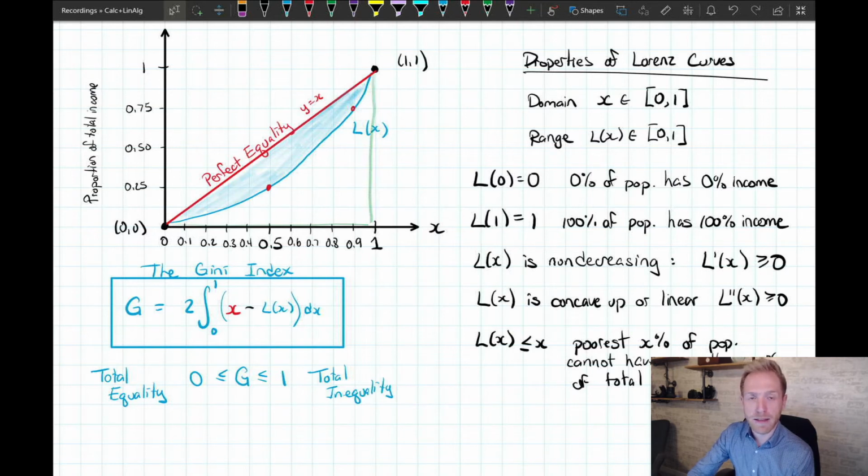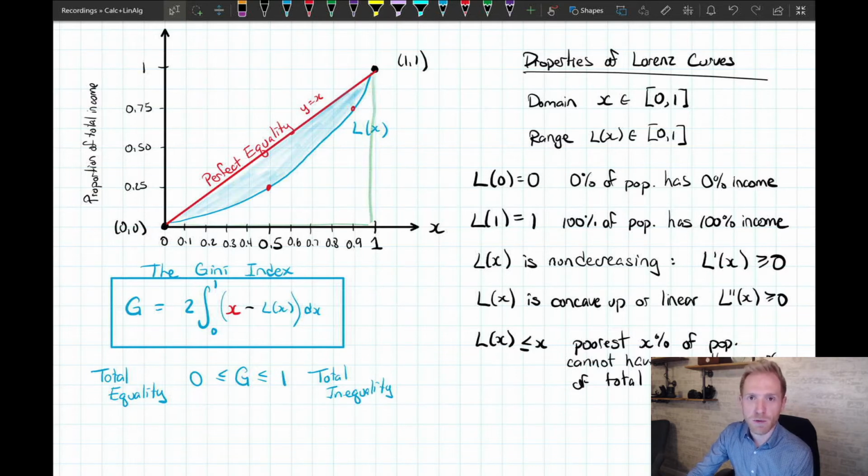So we might say that the poorest 10% of the population have 5% of the wealth. The poorest 20% of the population have 10% of the total wealth, that kind of thing. We can get that information, but trying to turn that into a smooth curve that we can integrate can be a little bit tricky. So there are several different theoretical models for Lorenz curves that we could use.